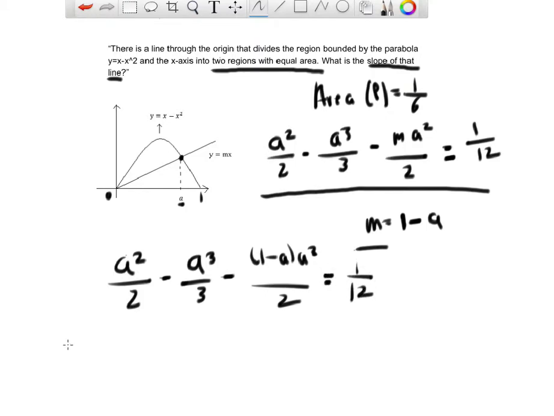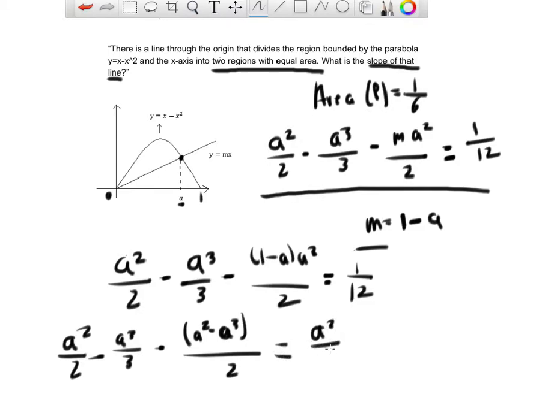Okay, let's rearrange this a bit. A squared over 2 minus a cubed over 3 minus, well, what's this? A squared minus a cubed over 2, right? And this turns into a squared over 2 minus a cubed over 3 minus a squared over 2 plus a cubed over 2.